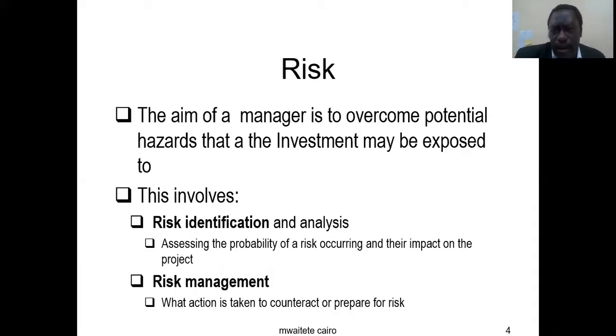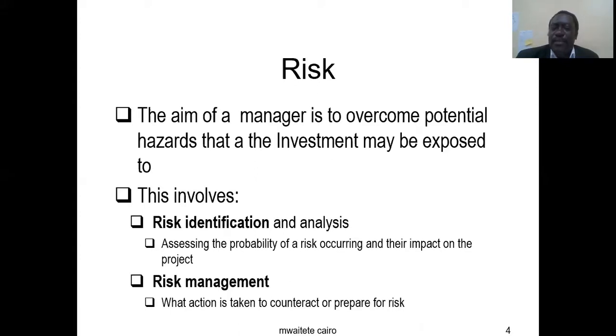The aim of the project manager here is to overcome potential hazards that the project may be exposed to. This may involve risk identification and analysis, and risk management.